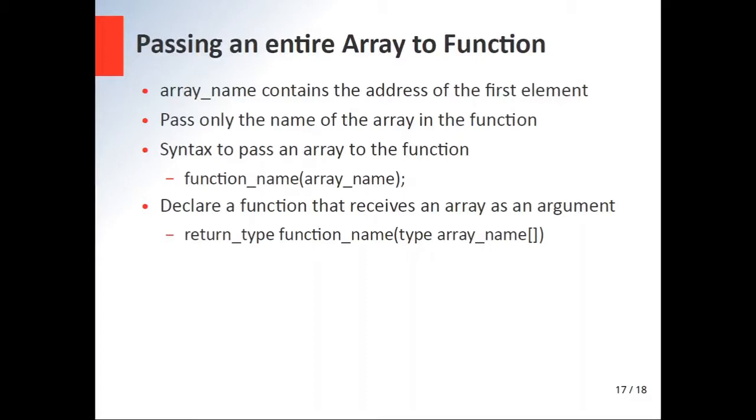Now we will see how to pass an entire array to a function. In many scenarios, we would require passing an entire array to a function instead of calling the function for each and every value. For example, let's say we have a function to sort 10 elements in ascending order.